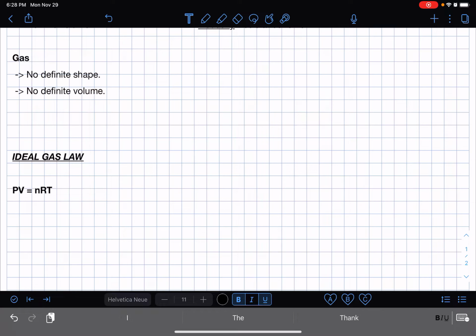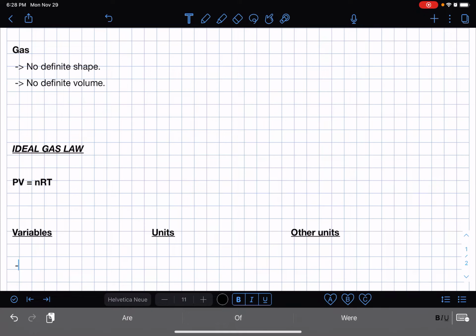So let's enumerate our variables, their corresponding units, and their other units. First, in line with our formula, we have P. P stands for pressure. The abbreviation of pressure is P.